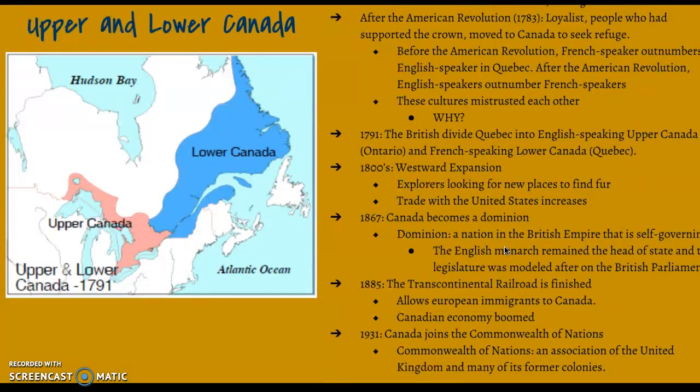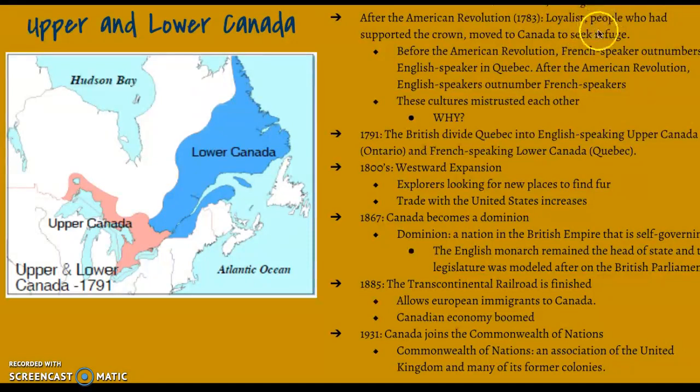What I do ask, though, is: please explain why Quebec was split into two provinces. Don't forget to mention the Revolutionary War. As the Revolutionary War is winding down and the colonists have won, the loyalists to the King of England are not welcomed there in the colonies anymore, in those northern colonies.